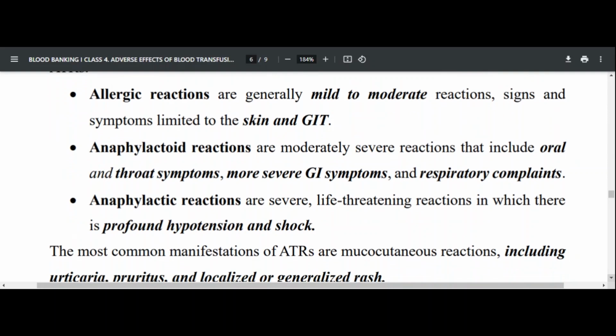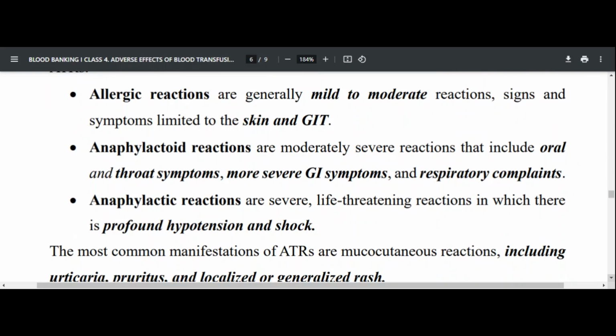They are not so severe, but they are moderately severe reactions where you find oral symptoms, throat symptoms, even severe gastrointestinal tract symptoms like gastric or abdominal disturbances, as well as respiratory complaints. They are also in anaphylactoid reaction.